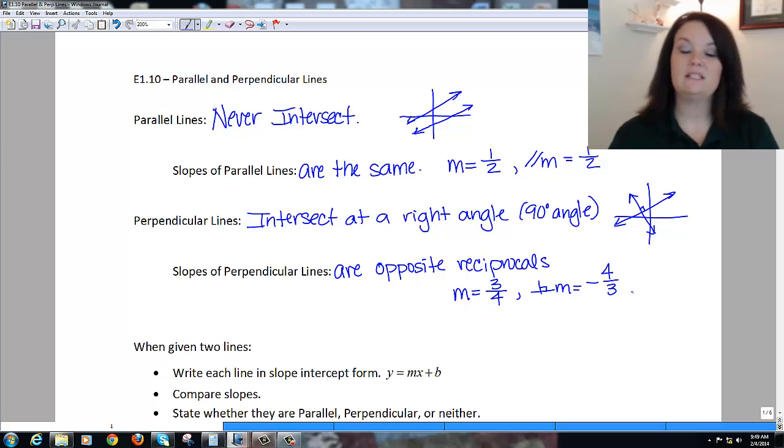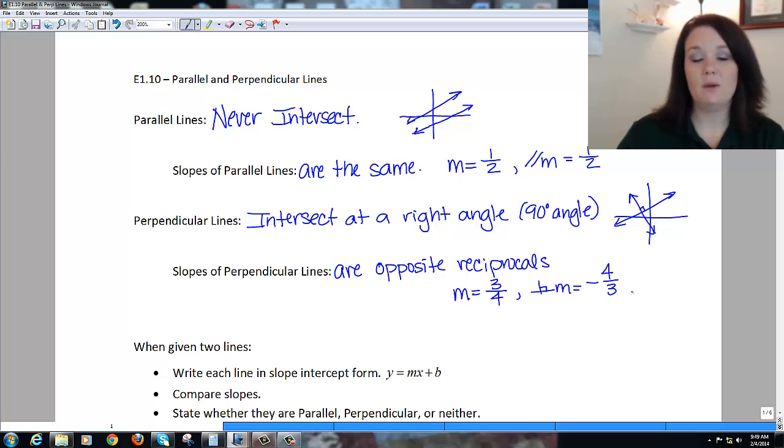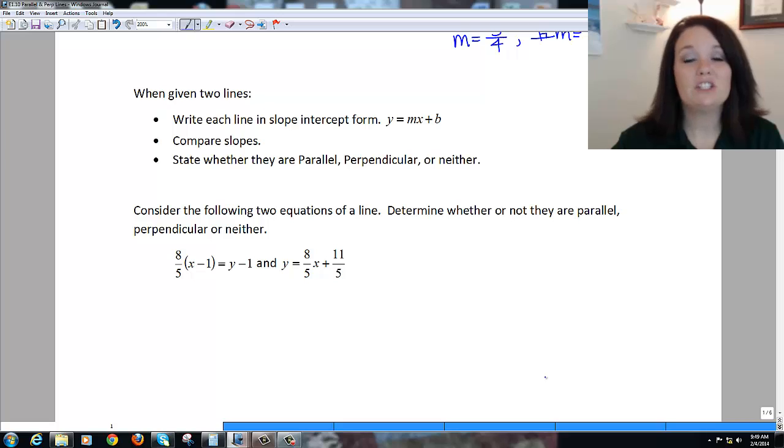Okay, so these next few examples, I just want to look at them and see, are they parallel lines, or are they perpendicular lines, or are they neither? Okay, and the way we do that when we're given two lines is we write each line in slope-intercept form. Because notice once it's solved for y, I can just look at the coefficient on my x term and compare my slopes.